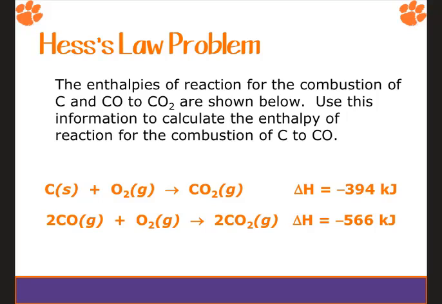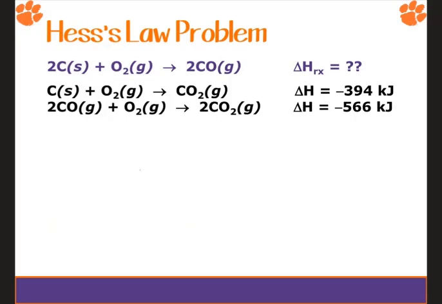Each of these step reactions has its respective delta H value, so we're going to use these to work together to get to our goal reaction. We have our goal reaction here in purple. Our job is to find this delta H of reaction. Then I have my 2 step reactions in black with their respective delta H values. I'm going to call them delta H1 and 2 so we're not confused.